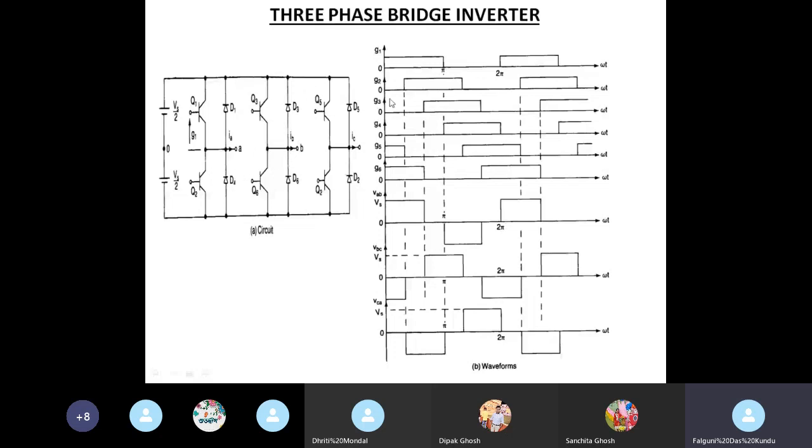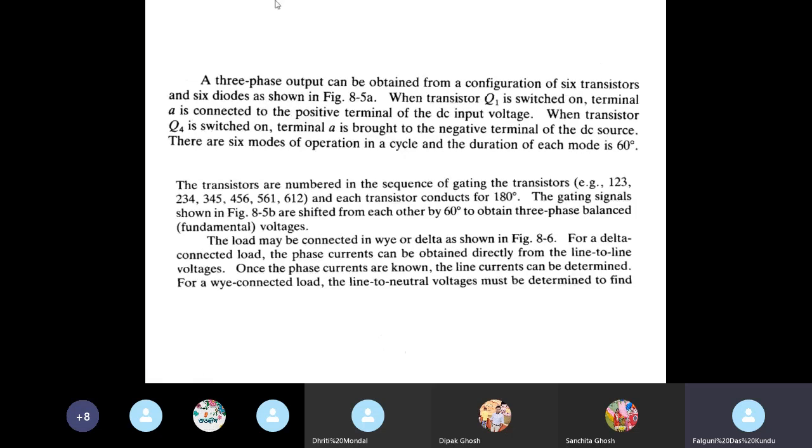The gating signals are displaced from each other by 60 degrees, and each transistor conducts for a 180 degree conduction period. Therefore the gating signals are shifted from each other by 60 degrees to obtain a three-phase balanced or fundamental voltages.